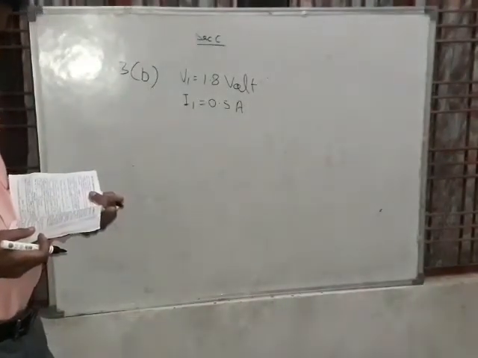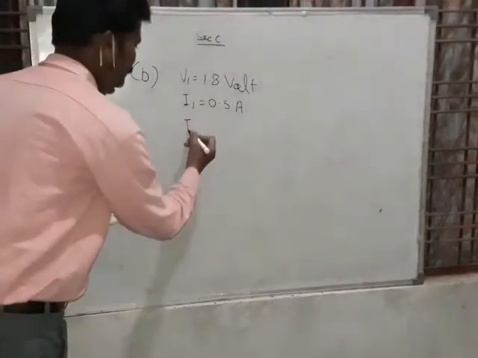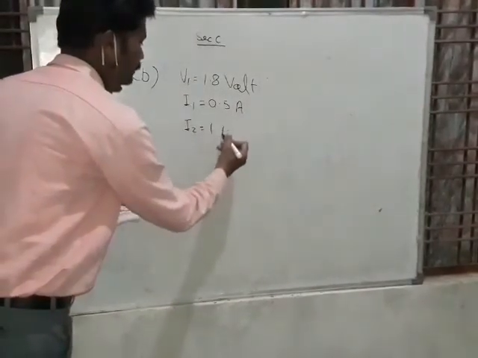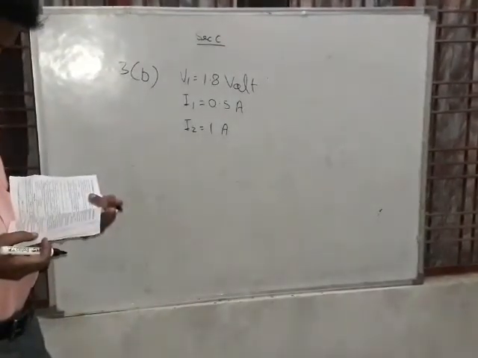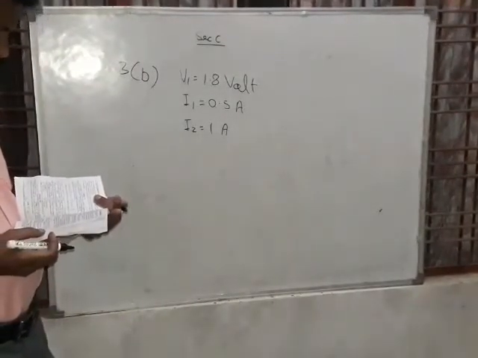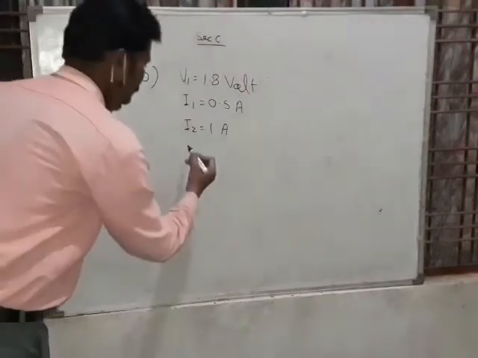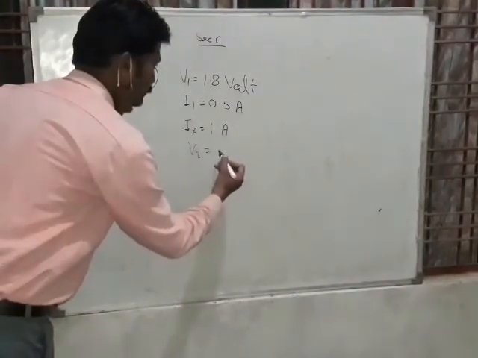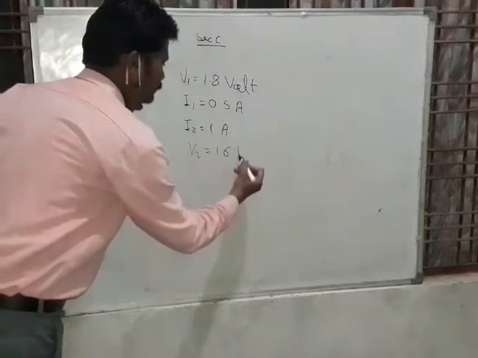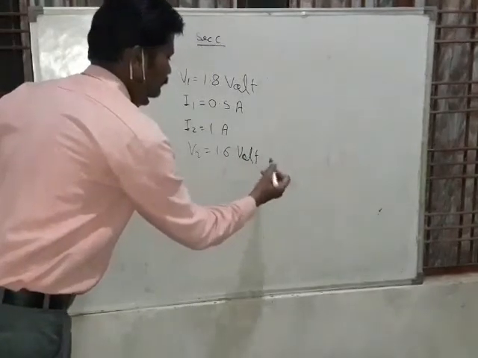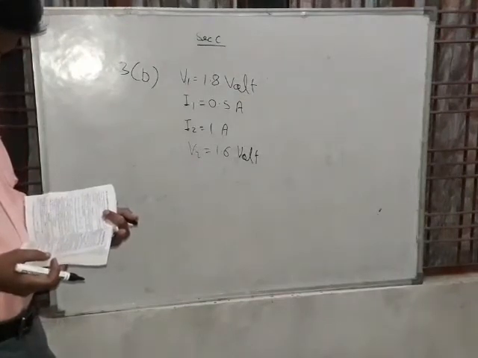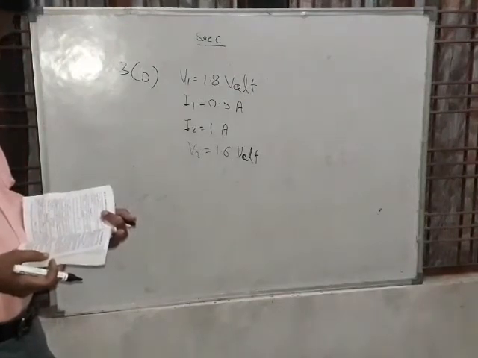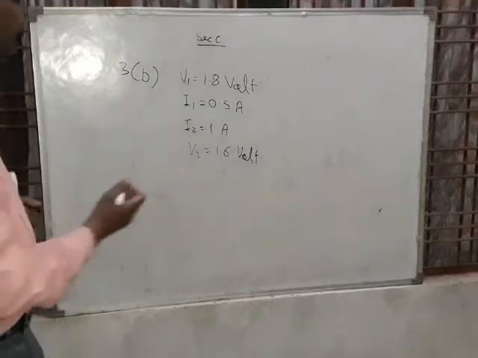When 1 ampere current is drawn, I2 equal to 1 ampere, it becomes 1.6 volt. V2 becomes 1.6 volt.